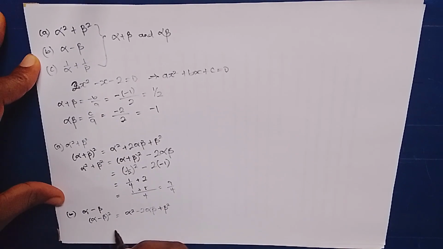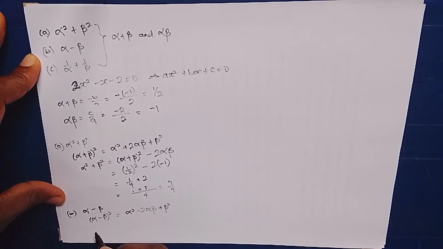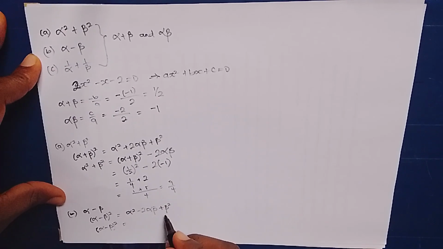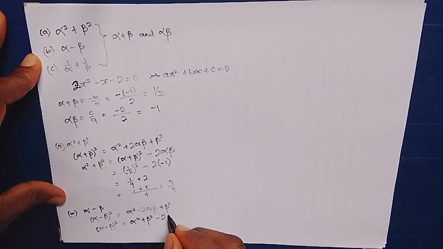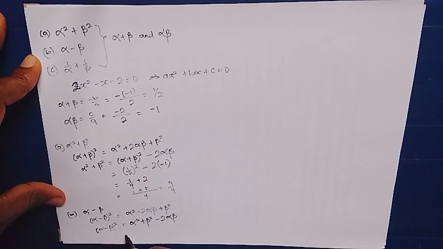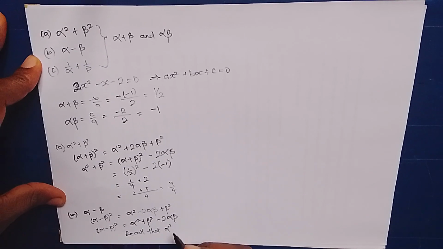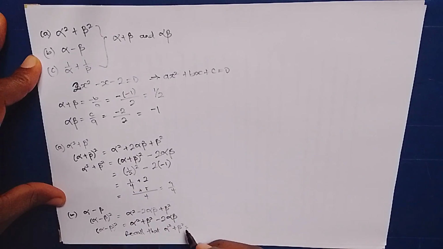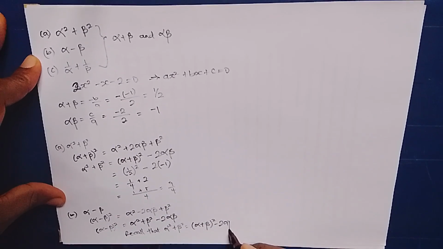So what we do now is, alpha minus beta all squared is equal to, we bring alpha squared plus beta squared together. And then recall that alpha squared plus beta squared is equal to, from this, alpha plus beta all squared minus 2 alpha beta.